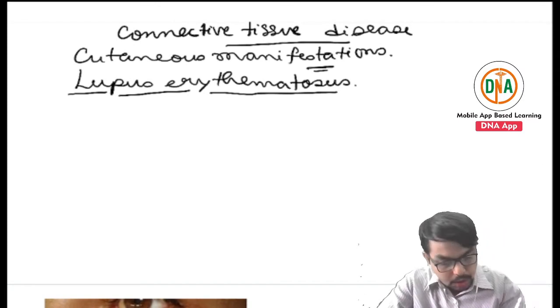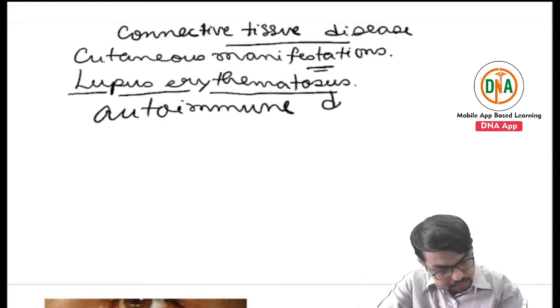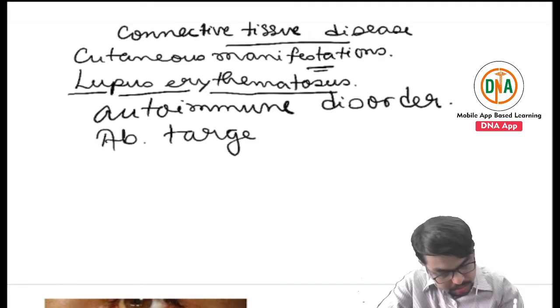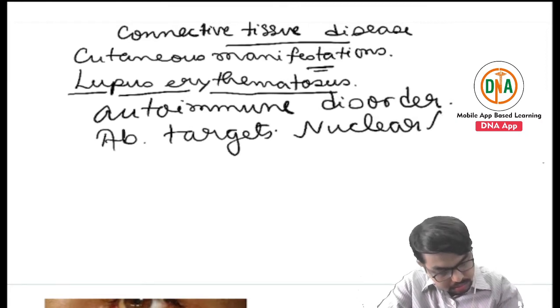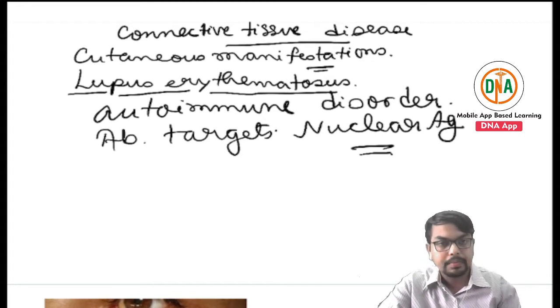It is an autoimmune disorder. The antibody targets nuclear antigen. Nuclear antigen is the target.